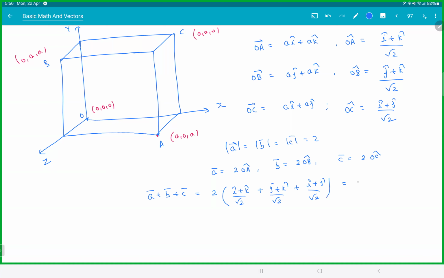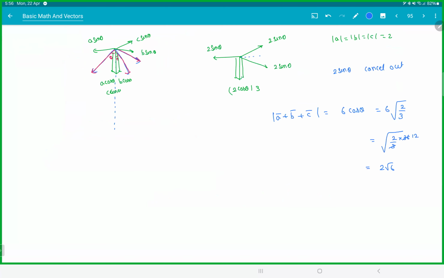This would be root 2 into 2 times I plus J plus K. The magnitude of this A plus B plus C is 2 root 2 into root over the I coefficient, J coefficient and K coefficient, so 2 root 2 into root 3, 2 root 6. Same answer.